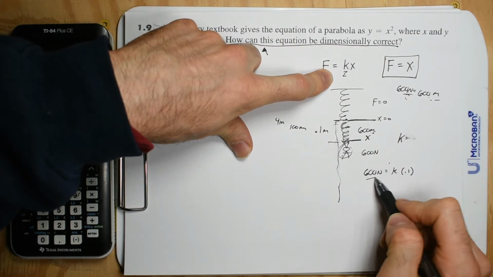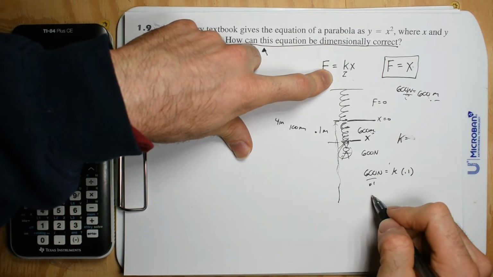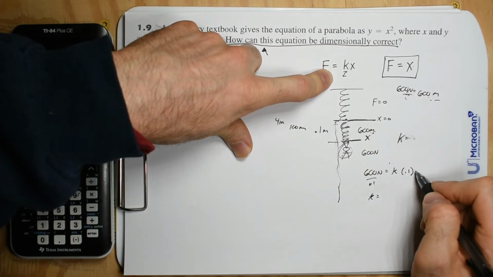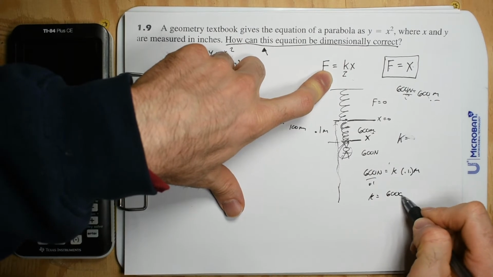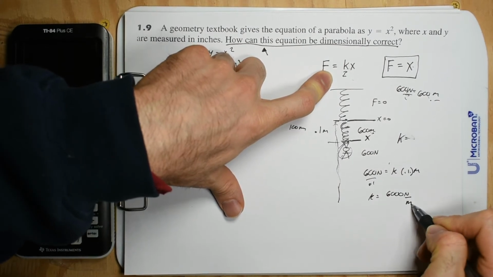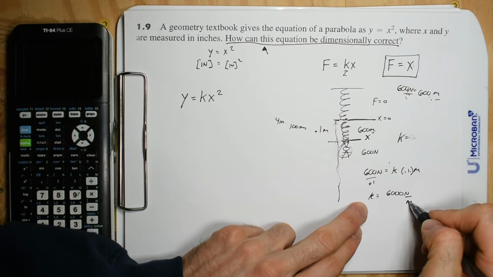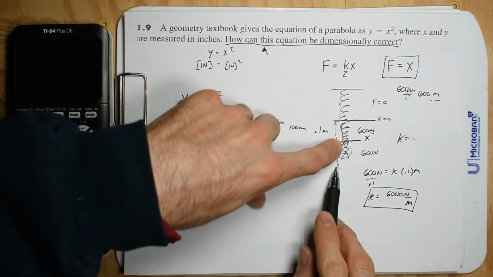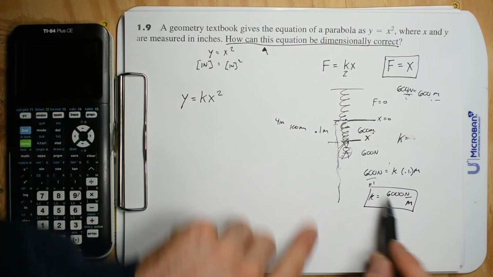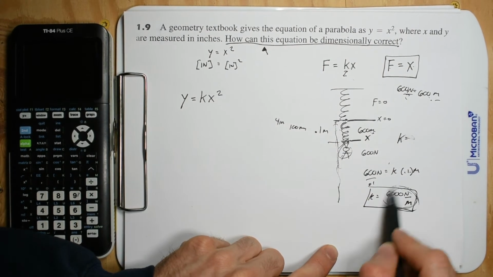Bring the 0.1 downstairs, that's multiplying by 10, and your K is going to be 6,000 newtons per meter. So your spring constant for this spring, if I hang on it and it comes down 4 inches, is 6,000 newtons per meter.